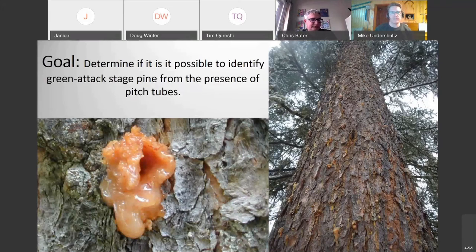The idea is to see if you can identify pitch tubes from the air in the green attack stage. In this situation, the needles are green. The mountain pine beetle had just attacked that summer, and there may be some benefits from an early detection, rapid response type program in Alberta.